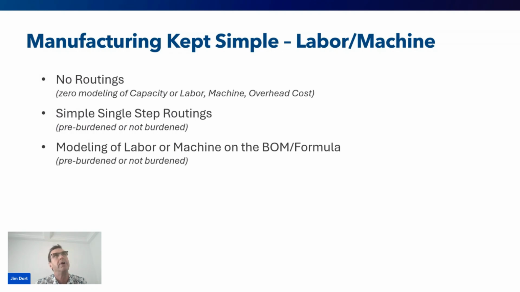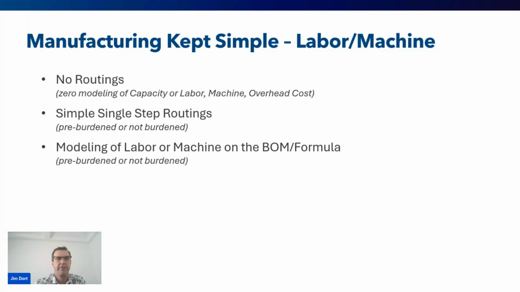And I would go so far as to say that if I think back on all the manufacturing implementations that I've done with customers over the time, I would say that as many as 3 in 5 are utilizing bill of materials or formulas only in their manufacturing operations.